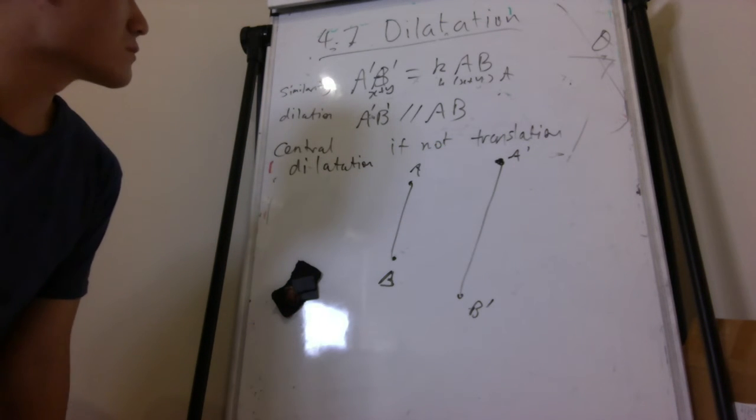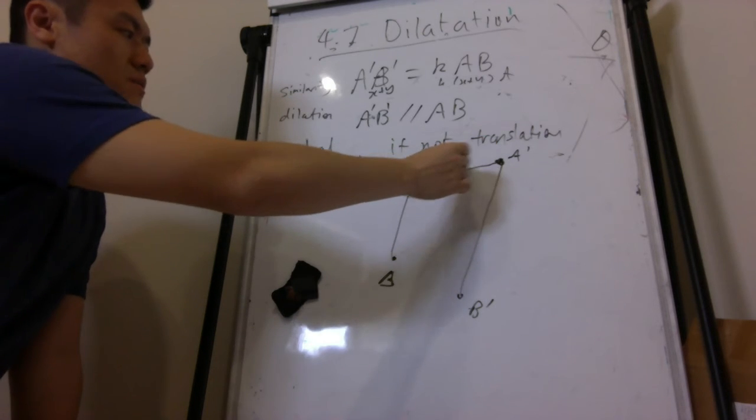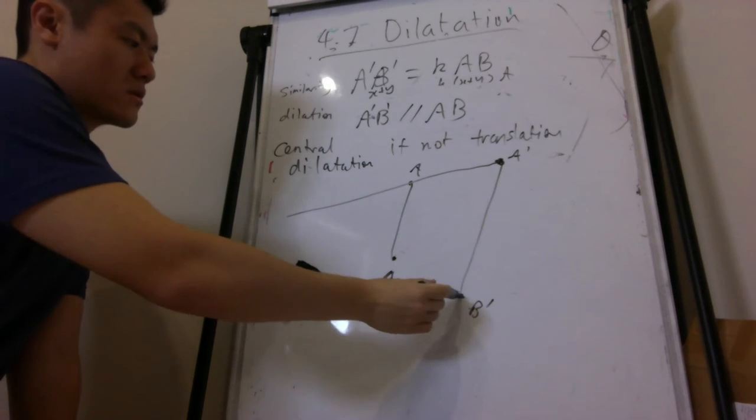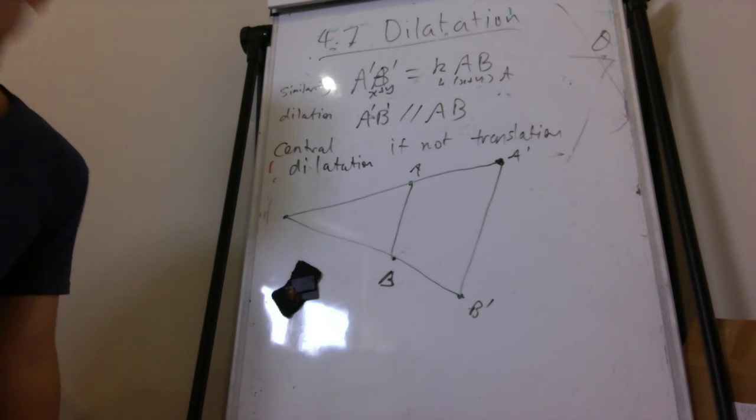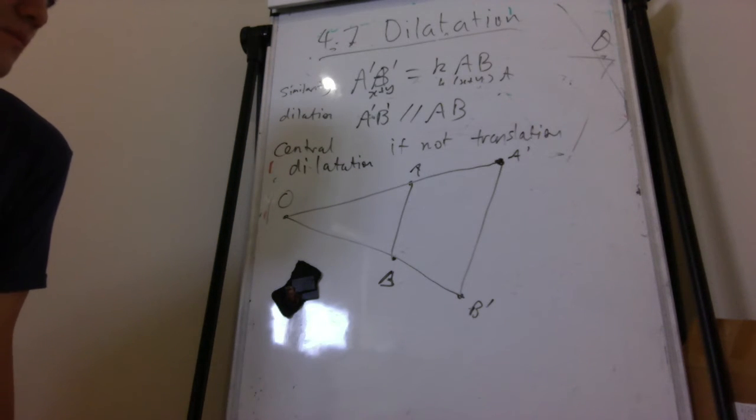Alright, so the reason it's called a central dilatation is that if you join these points up, it always meets at a point. If it preserved distance, then it wouldn't ever do that, because the lines would be parallel.